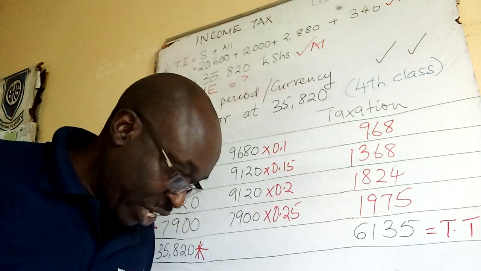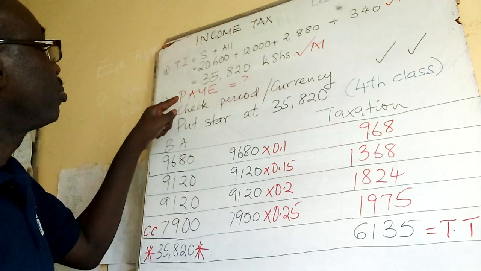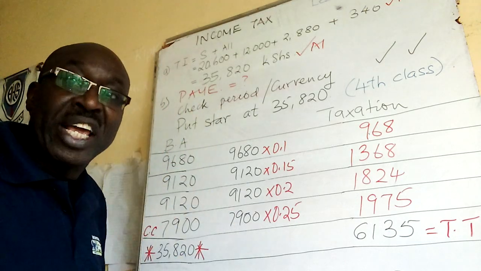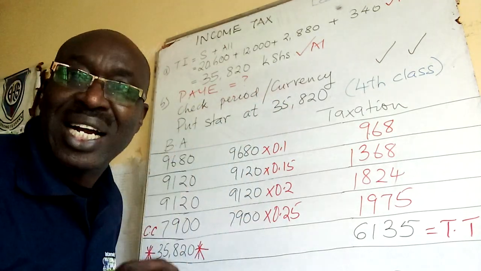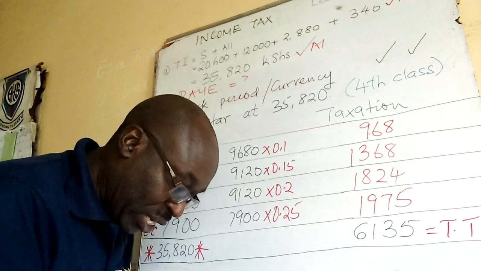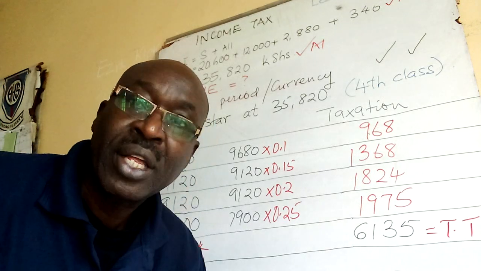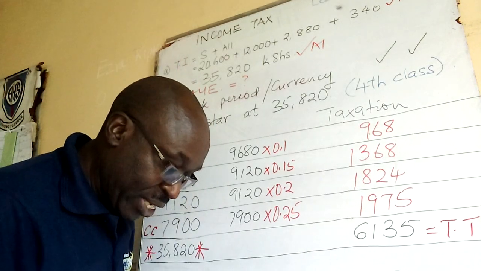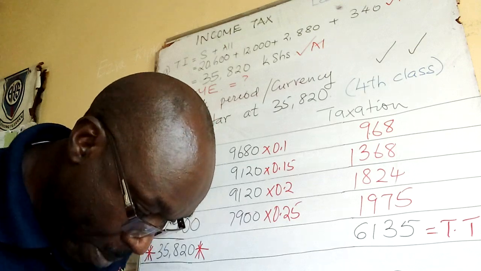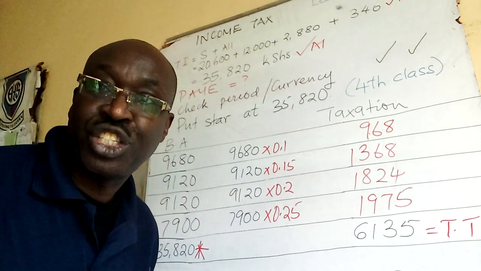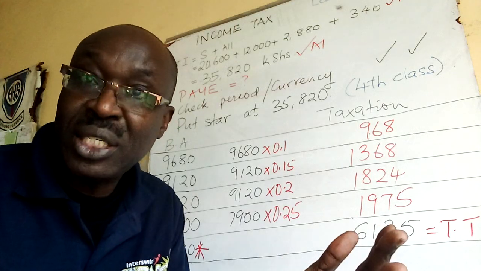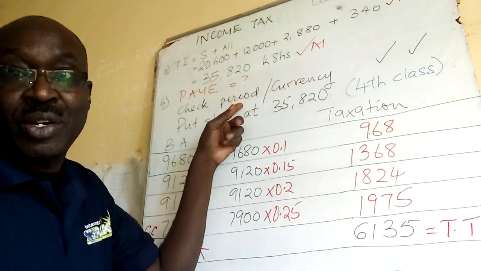So you must check his table. For you to get PAYE, check period and currency. Now what has he given us? In his table, he has given us monthly taxable income in Kenya shillings. Our period is monthly.